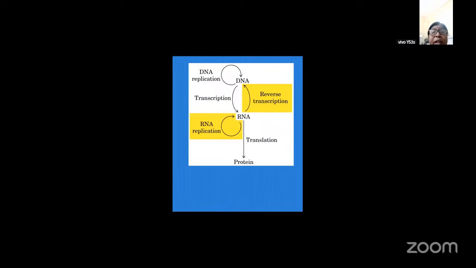Then the RNA has to be translated in the form of a protein. So it involves DNA, RNA, and protein. The proteins are not formed directly. First, the DNA will get converted into the messenger RNA, and messenger RNA will get converted into the protein.